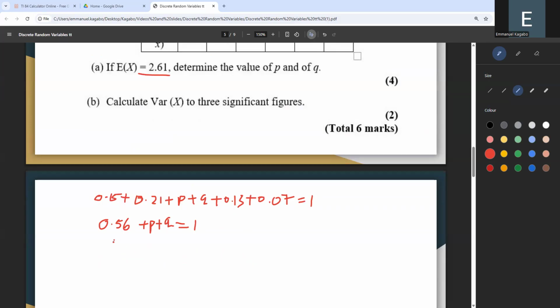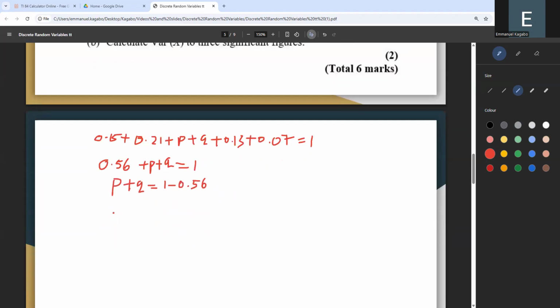Then collect like terms, you get P plus Q equals 1 minus 0.56 altogether here. And then what do I get? I'm going to have P plus Q equals 0.44. First simultaneous equation, guys.